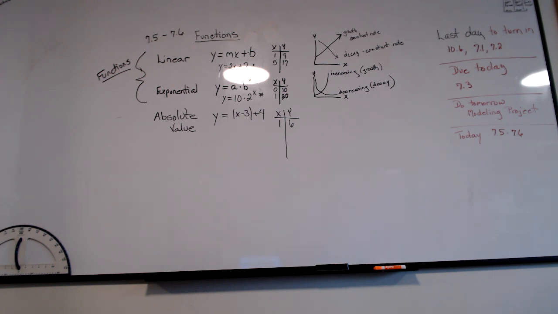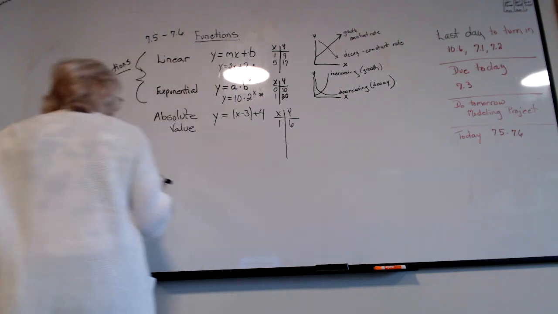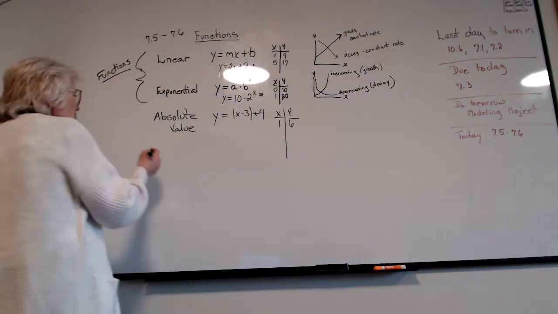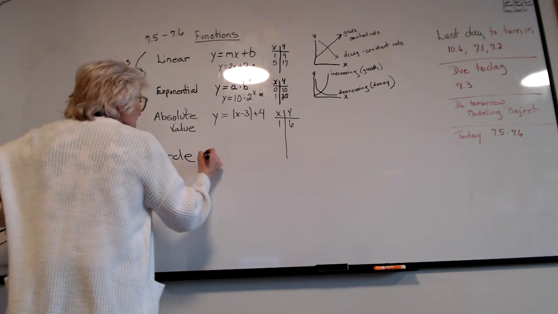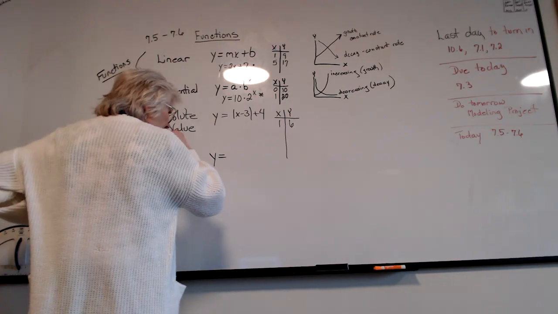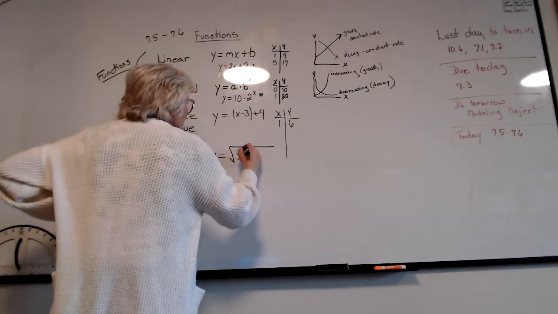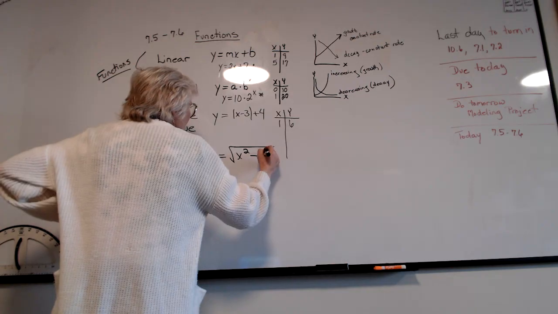Okay. So somebody may say, well, what's an equation where you don't get just one number? Isn't that just a graph? Well, we could graph them, but I'm going to give you one that you probably haven't seen. A circle equation is equal to y equals the square root of x squared minus the radius squared.